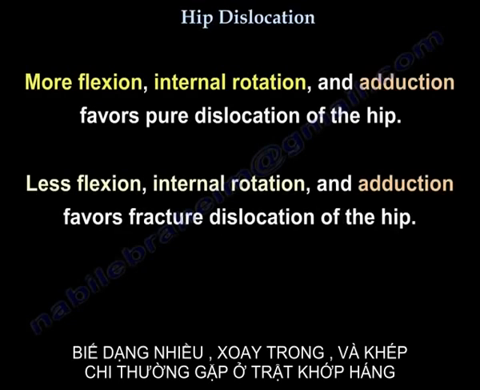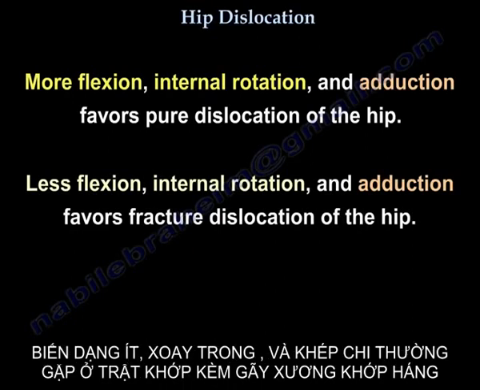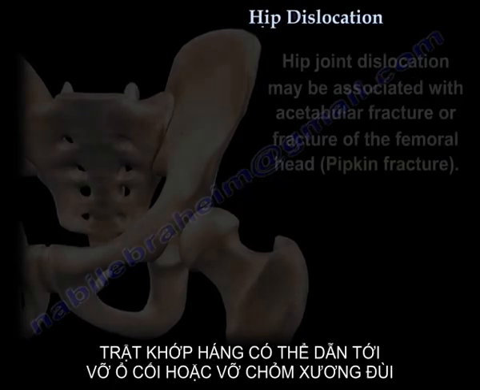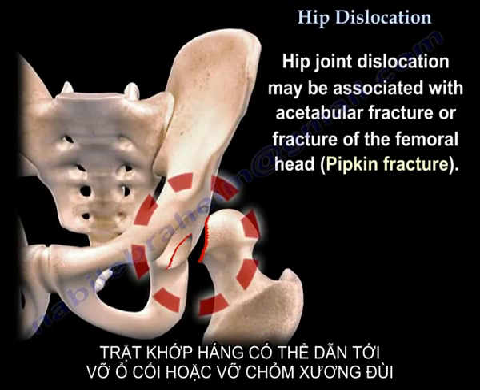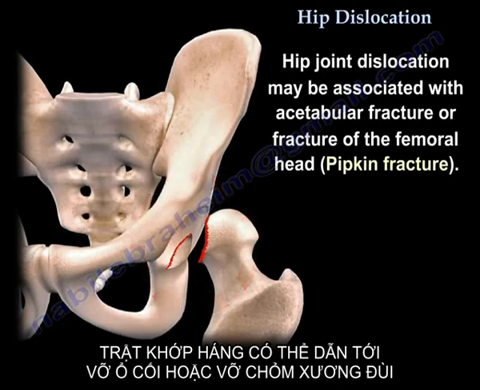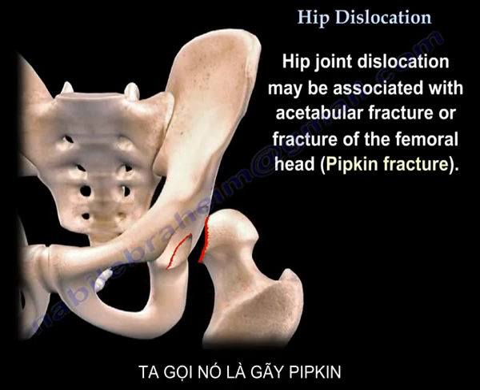More flexion, internal rotation, and adduction favors pure dislocation. Less flexion, internal rotation, and adduction favors fracture dislocation of the hip. Hip joint dislocation may be associated with a femoral head fracture, which is called Pipkin fracture.